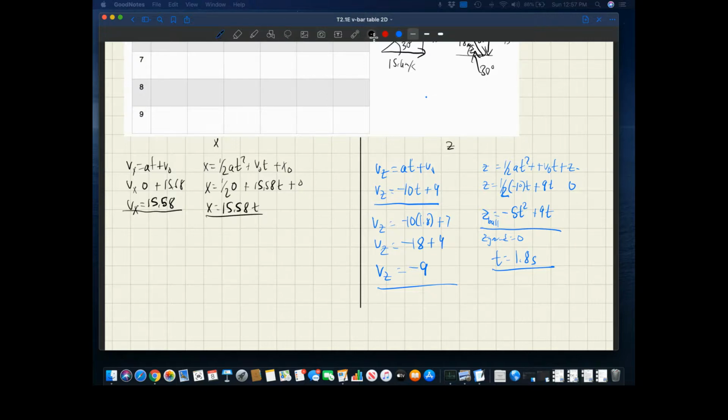And now when we put that in over at x, we have 15.58 times 1.8, which is 28.04.